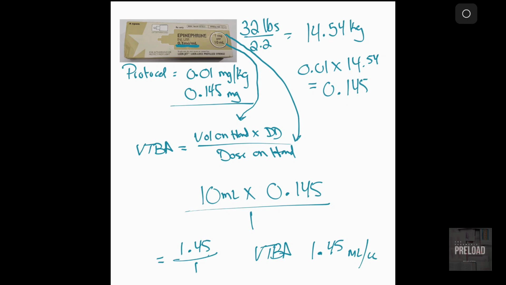So just know you're going to do your best to get within that area. But precision is a very, very hard thing, especially when you're looking at ampules like this. Even with some of the smaller syringes, sometimes it's just as hard to be precise with those weird numbers. So just know that you're going to round to your nearest number and try to get as close as you can.